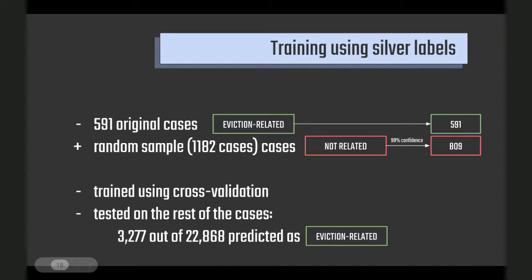And when we did so, we found out that within those 23,000 cases, 3,277 actually were classified as eviction related.